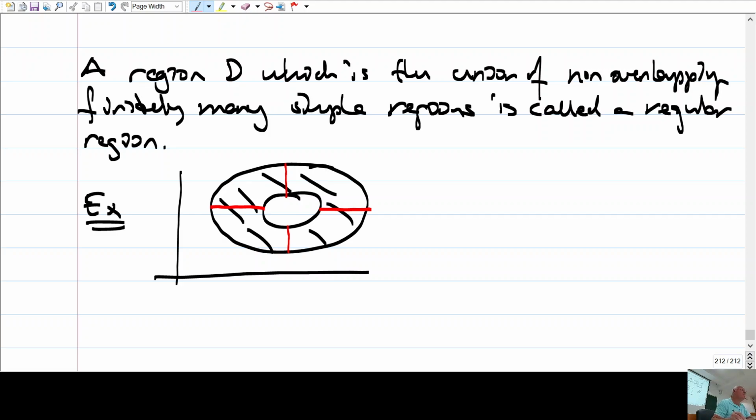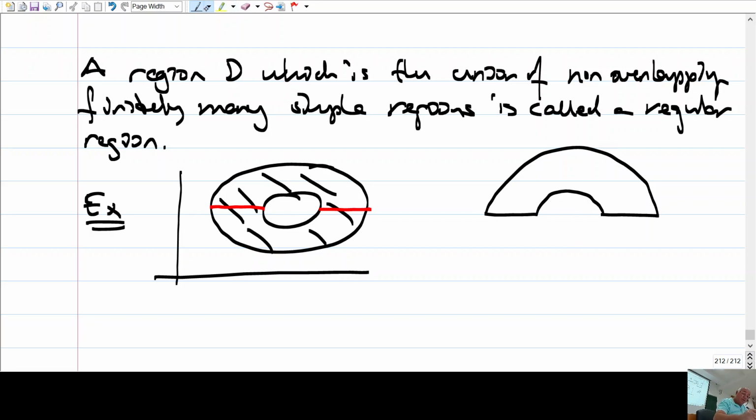So one region is this. One region is this. This is y simple, right? Why is that?